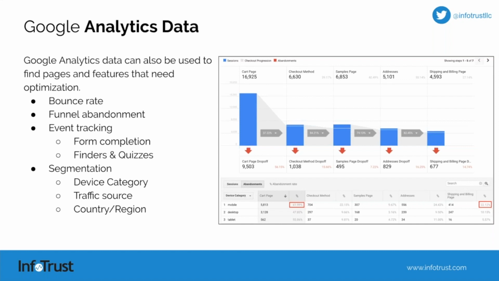And of course, based on all of this custom tracking, you can also segment by device category, traffic source, country, and region. Any of the dimensions that you can segment by in Google Analytics are good places to drill down and look for opportunities for improvement. And we'll talk about how you can actually set your objectives up in Google Optimize using these events and metrics.